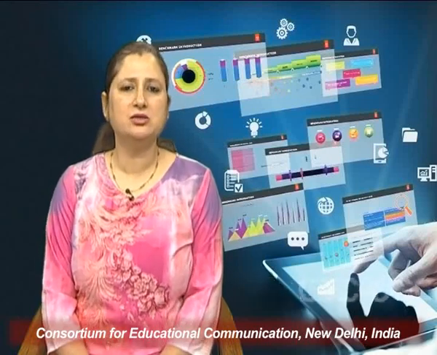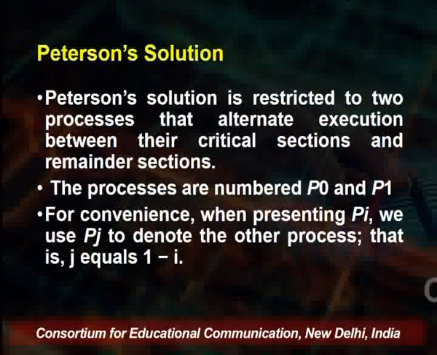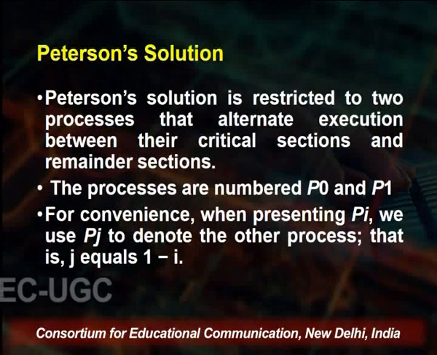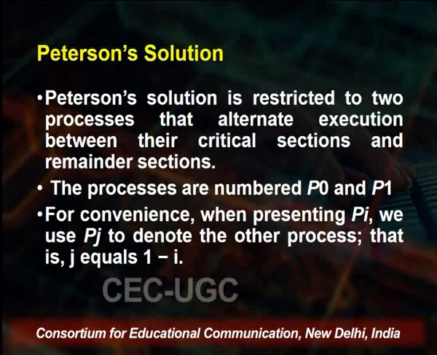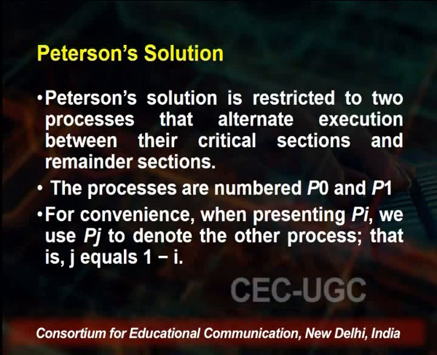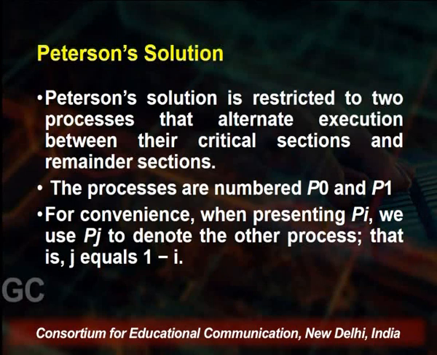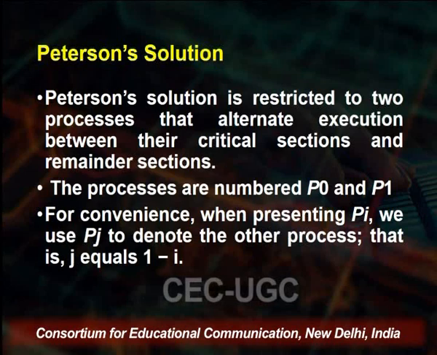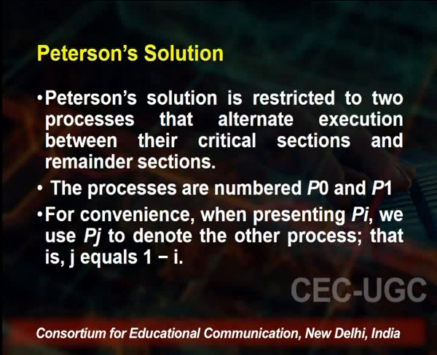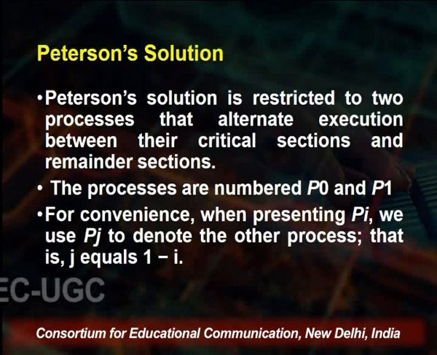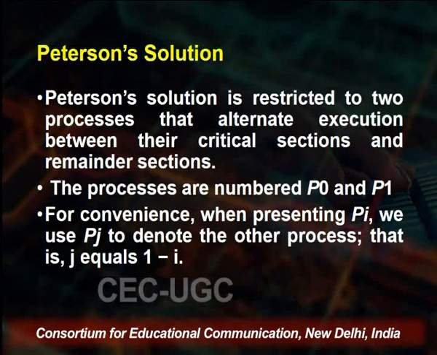Peterson's solution is restricted to two processes only, which alternate execution between their critical sections and remainder sections. This is another drawback, because in a multiprocessor modern day system it is not viable, since there are n number of processes.